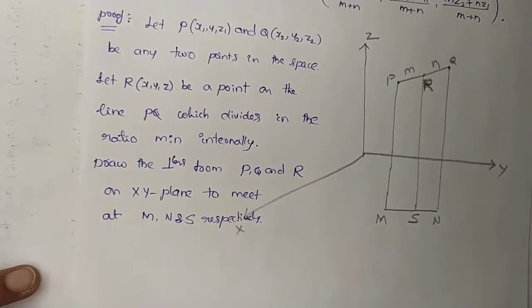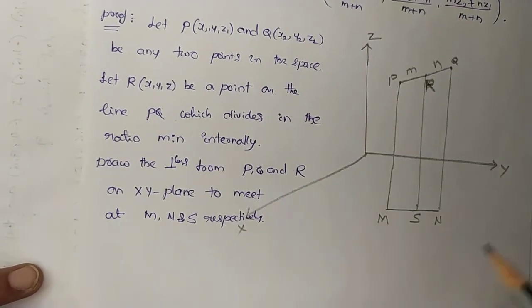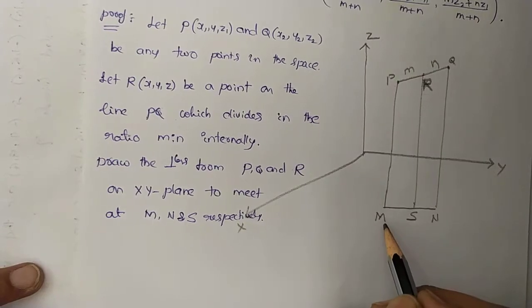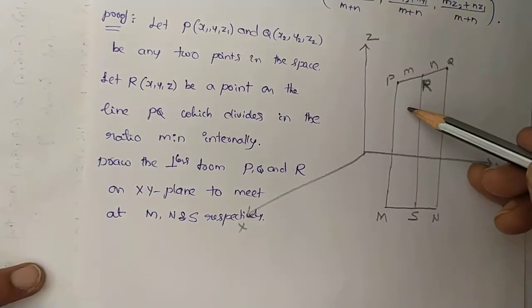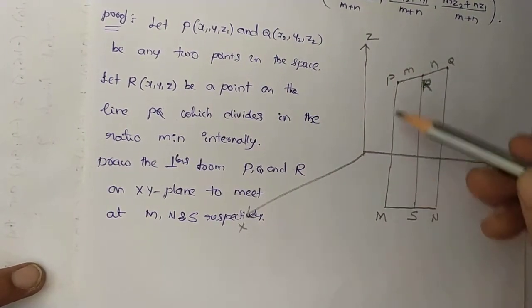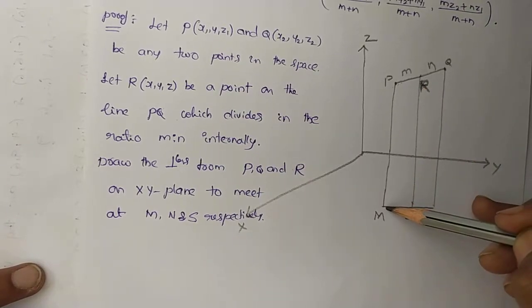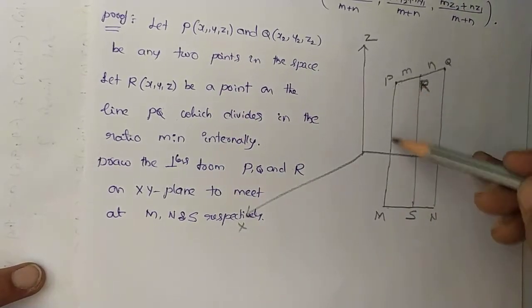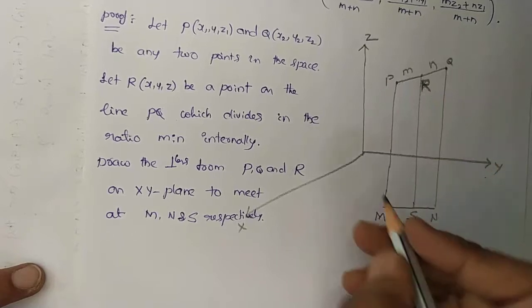Now let us see the length of PM. It is parallel to the z-axis.